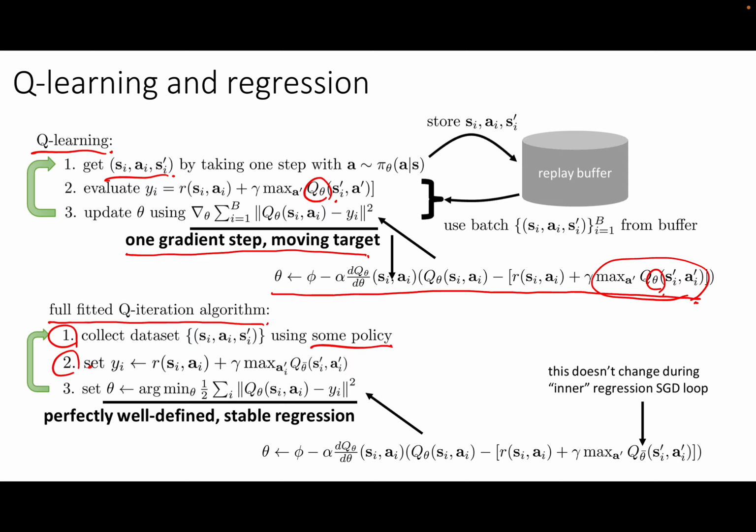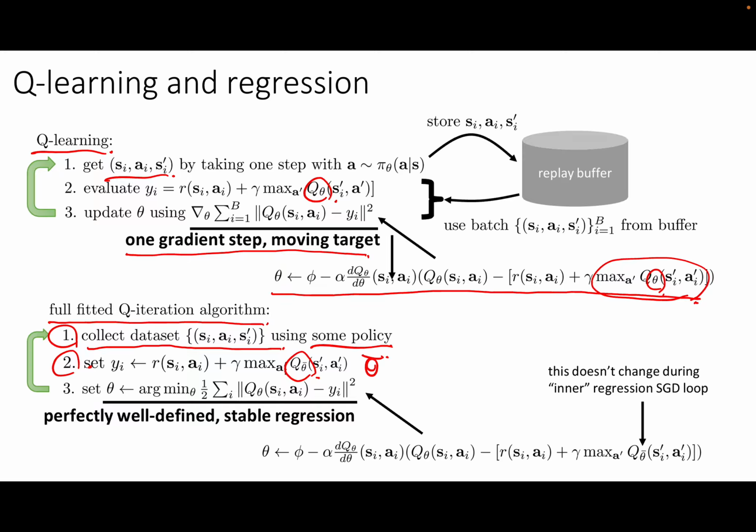Anything can be used. So we collect data using some policy, including our learning Q function. And then the difference is that here we have theta bar. The target is not from theta, it is from theta bar, which is different from theta.